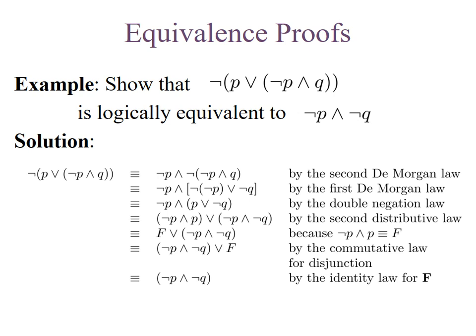Now we have another parenthesis with a not operation, so we need to apply De Morgan's law again. Then we transform not P to P, AND to OR, and Q to not Q. Alright, so we have this one.